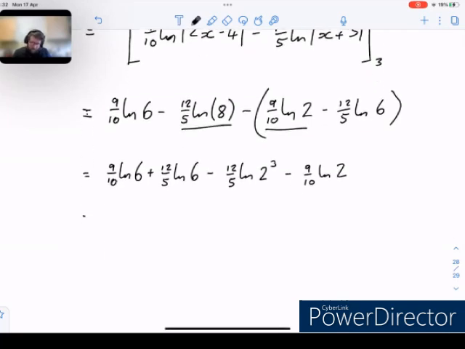So we've got 9/10 plus 12/5, which is 33/10. 24 add 9 is 33. Now, log 6 can be written as log of 3 times 2. And this becomes 36 over 5 log 2.